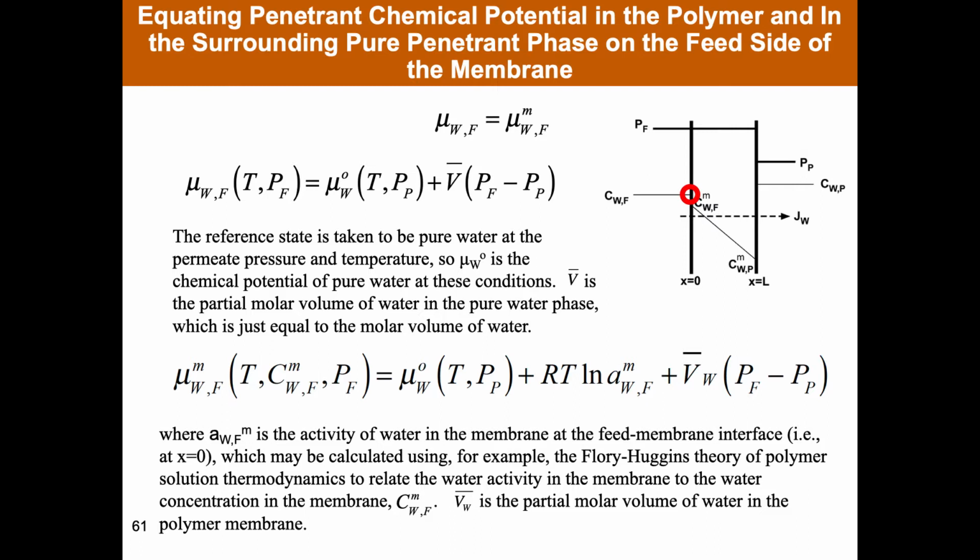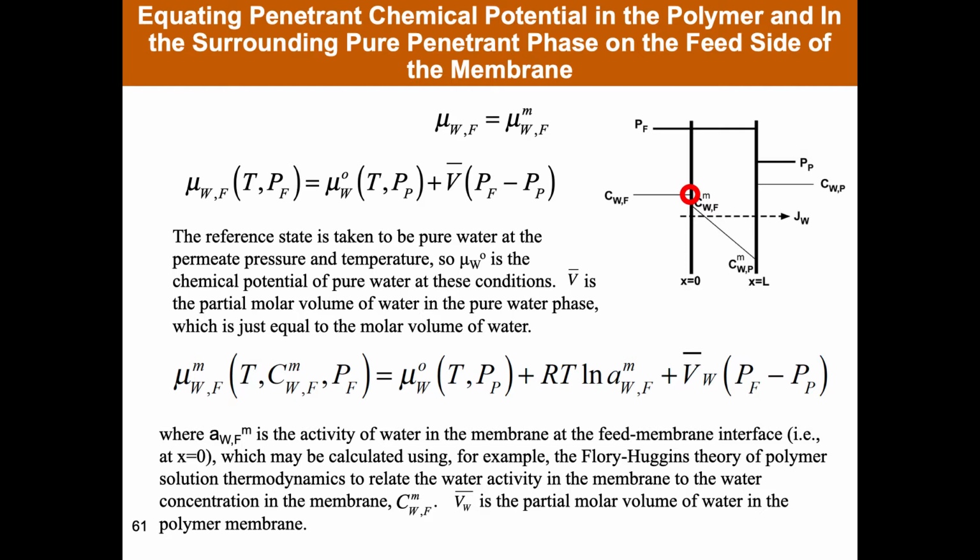And in the pure water feed, we just integrate the expression on the previous page, use the reference pressure as the permeate pressure, and so this is the way the chemical potential increases in the pure water phase as the pressure here goes up. Now, in the membrane, there's two ways that the water chemical potential can change.